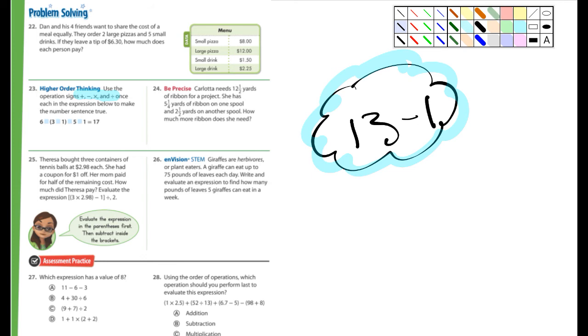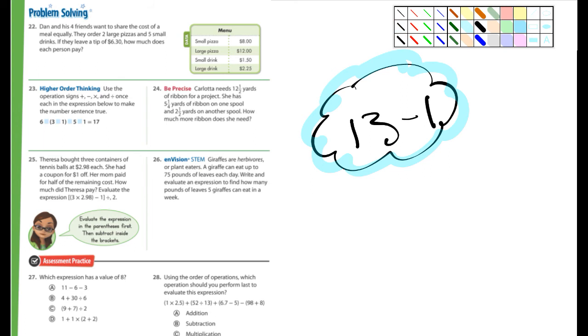So for example, the parentheses right here, the 3 something 1, that's going to have to be done first. So the question is, is it going to be a plus symbol, a subtraction symbol, a multiplication symbol, or a division symbol? And once you use one of the symbols, you can't use it again. So I'll let you guys figure out number 23 there.